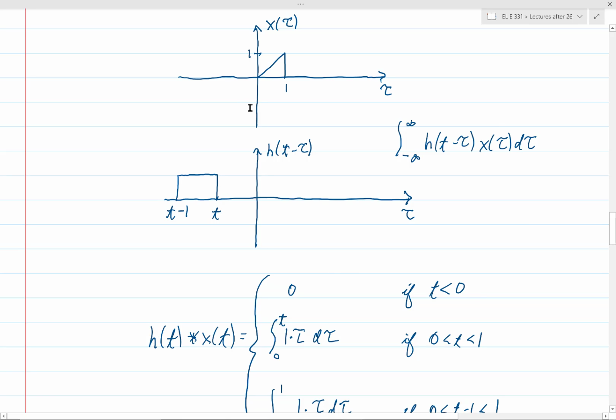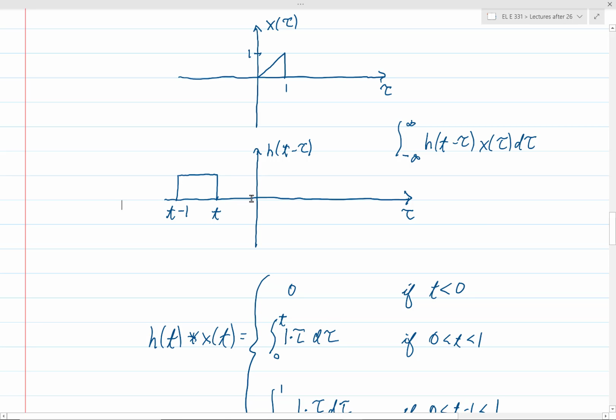Now, if t is between 0 and 1, which is the case we will consider next, then this integral becomes the integral of, now h is just equal to 1, and x, as long as we're between 0 and 1, x of tau is just equal to tau. So we have the integral from 0 to t of 1 times tau d tau.